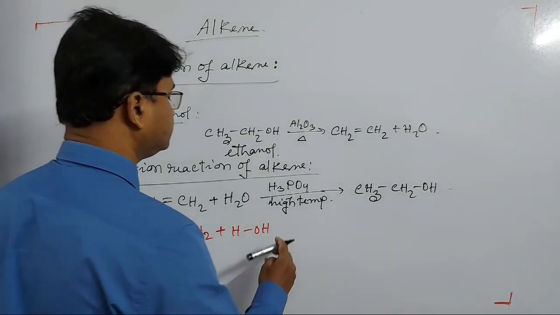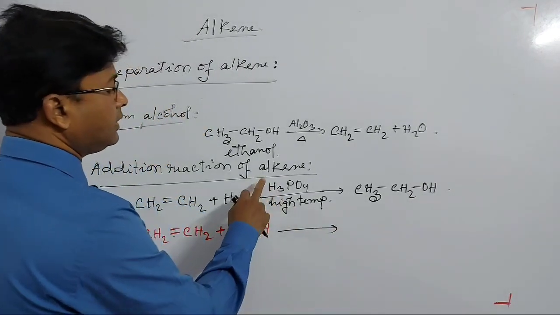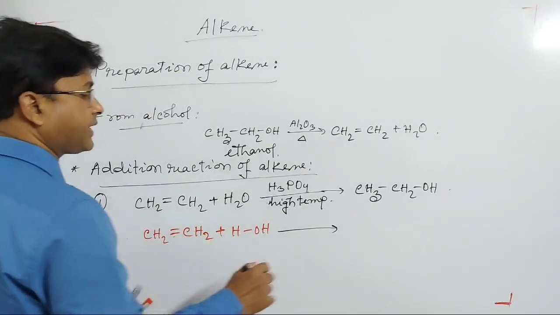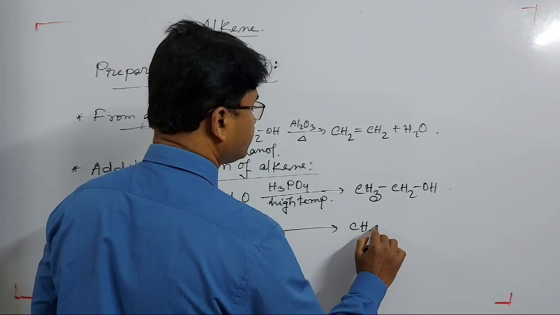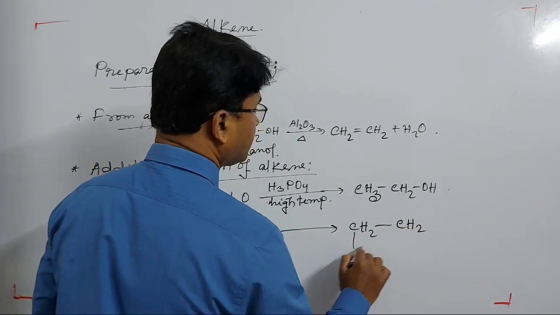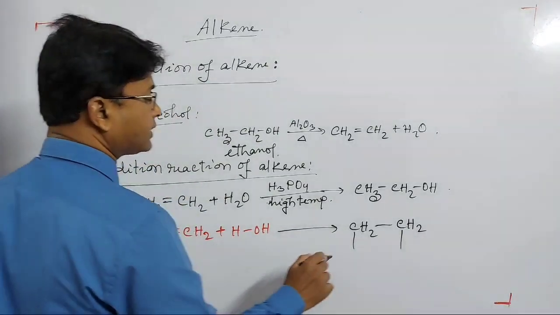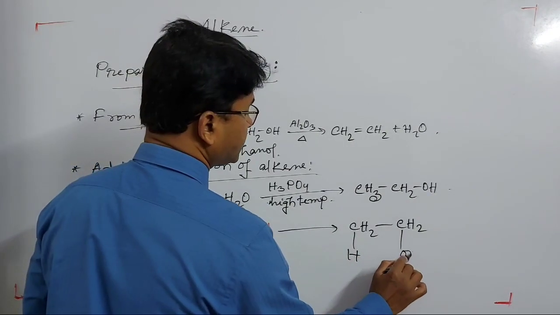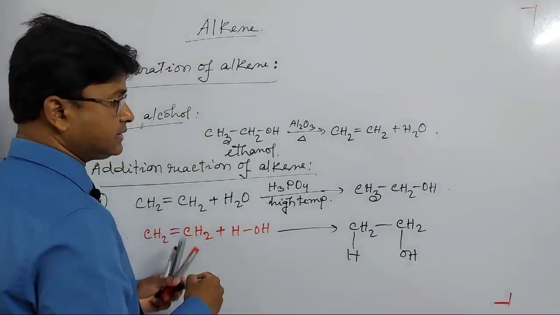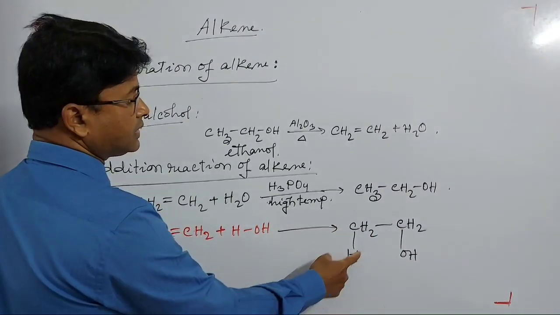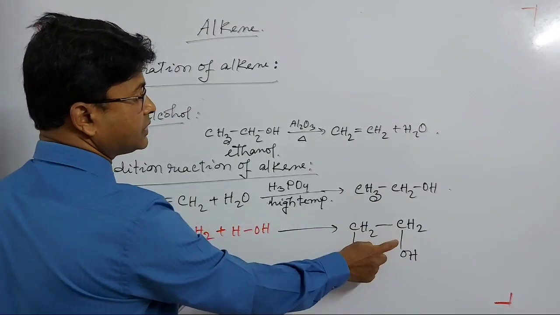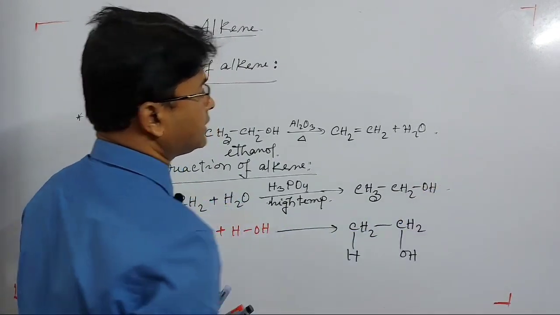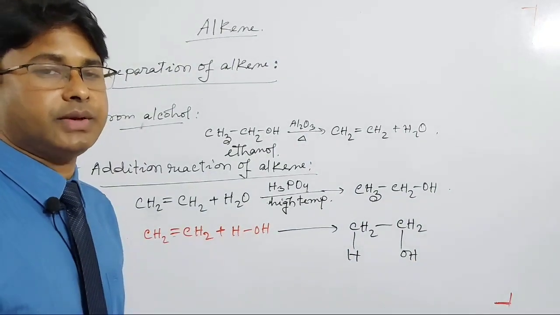Then in the presence of phosphoric acid at high temperature, one bond of ethene is broken to form another two new bonds, and hydrogen atom of water combines with this carbon, and OH of water combines with another carbon, and as a result it is CH3, CH2 OH. I have written here the OH at the forward side of this formula.